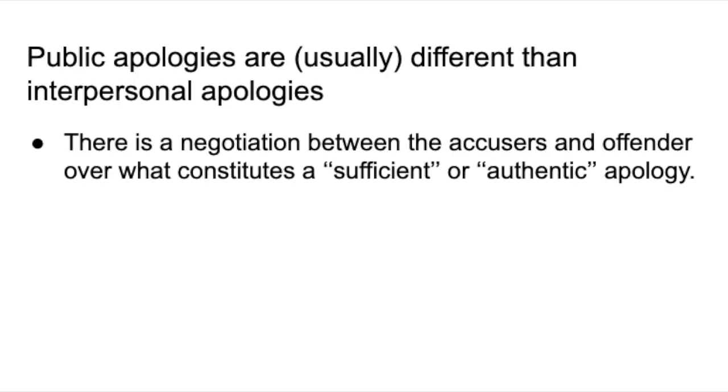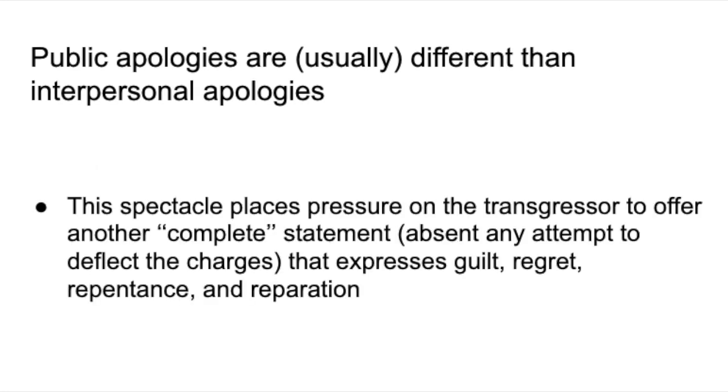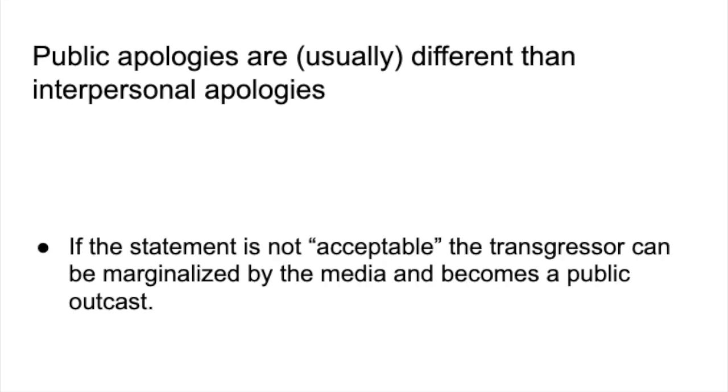And that scenario works for interpersonal apologies, but when we're talking about public apologies between a celebrity or an influencer and their audience, or a politician, public apologies are usually a little bit different because there's more of a negotiation between the accusers and the offender over what constitutes a sufficient or an authentic apology.